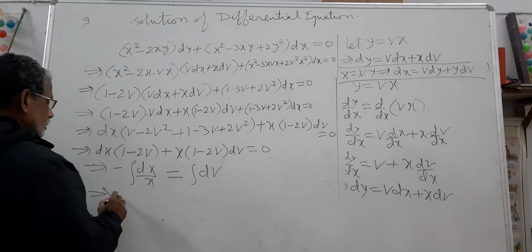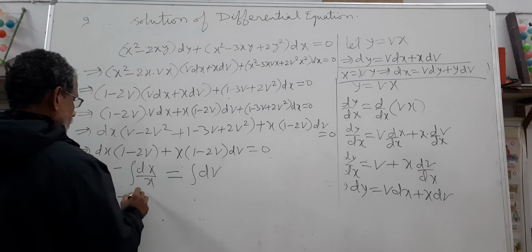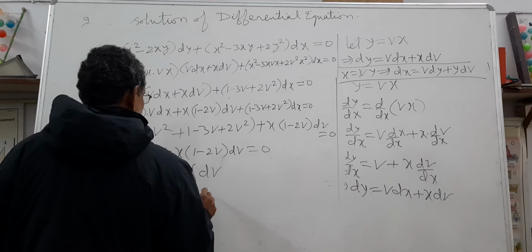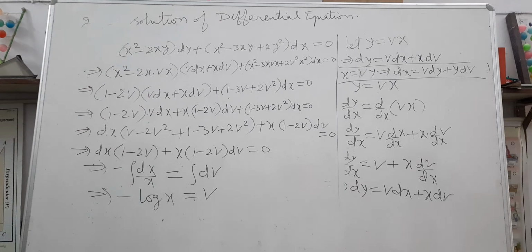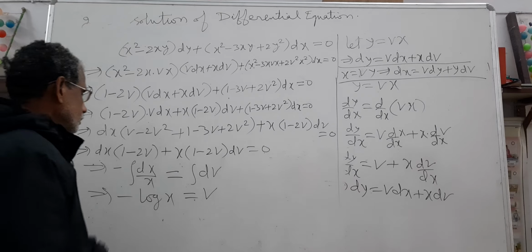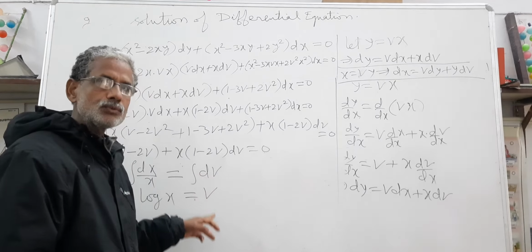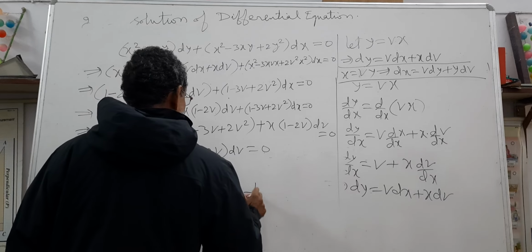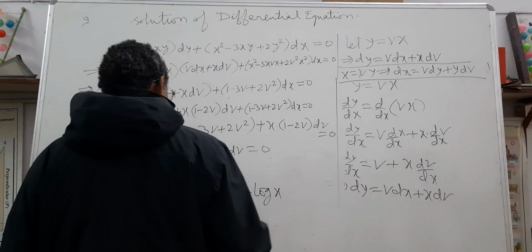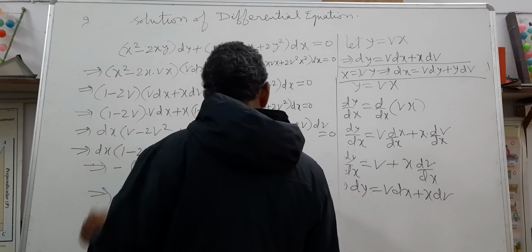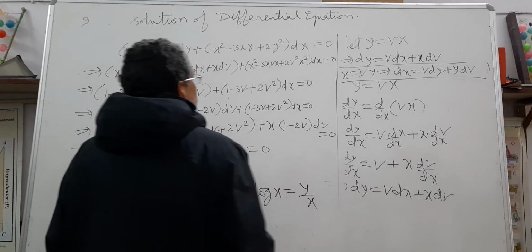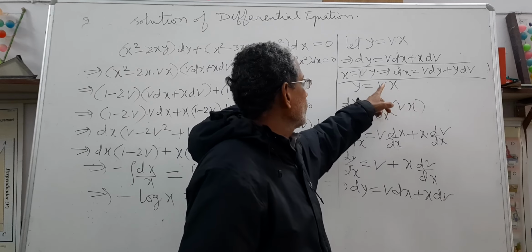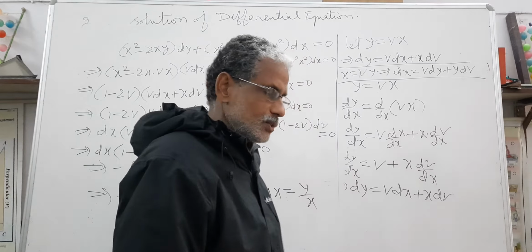This implies minus log x is equal to v. Integration of 1 becomes v. Now this implies minus log x is equal to y by x, value of v. y is equal to vx implies v is equal to y by x.